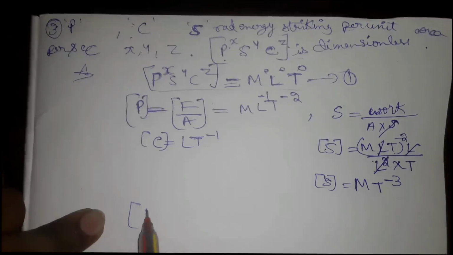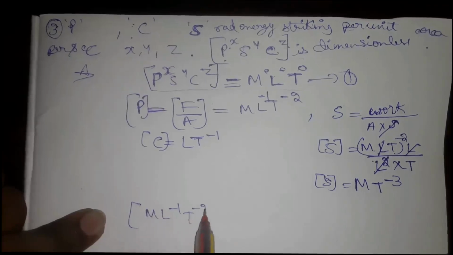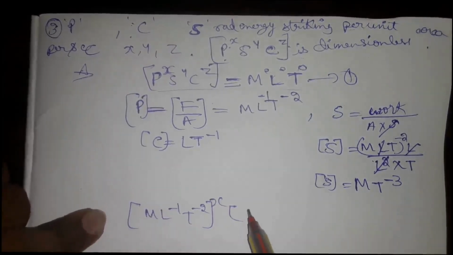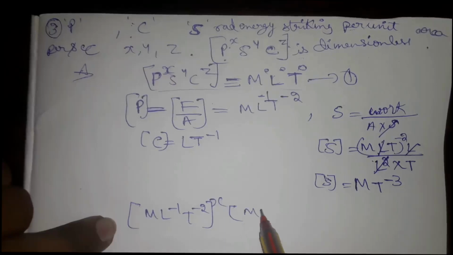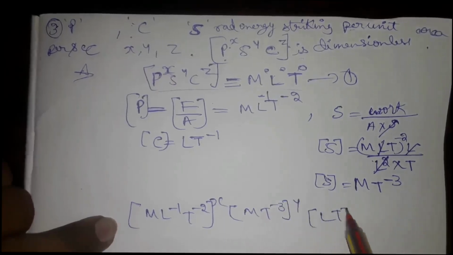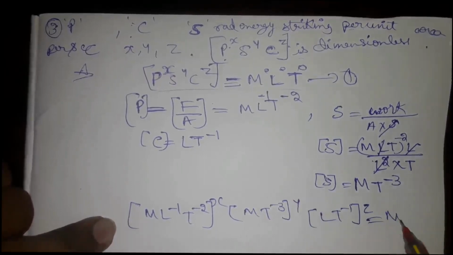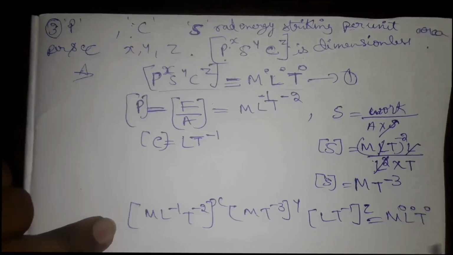We get (ML^-1T^-2)^x, and S is radiation energy per second per unit area, which is (MT^-3)^y. c is (LT^-1)^z, which is equal to M^0 L^0 T^0.